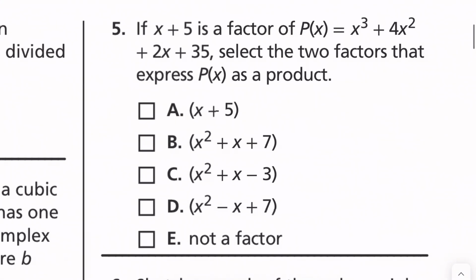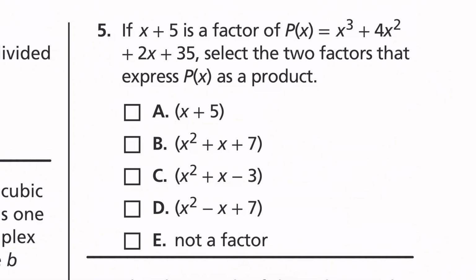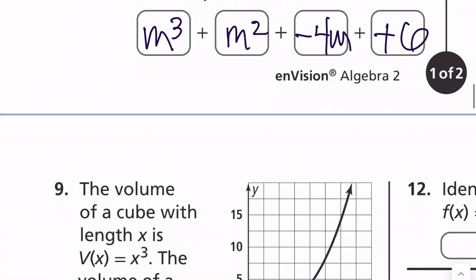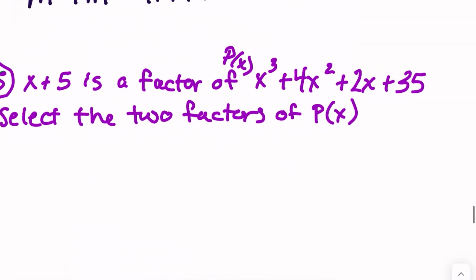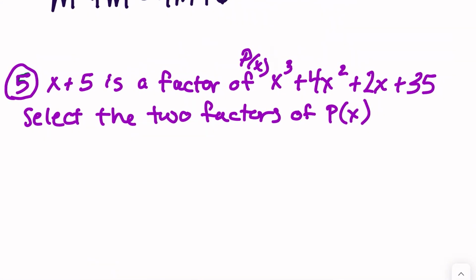Number 5. So we're asking if this is a factor, select the two factors that express it as a product. And this is where you can do the same thing that we did on the previous one. I'm going to put it again down below on my notes because that's what I want to do. So is that a factor? Actually, this is a nice question because it says this is a factor of that.